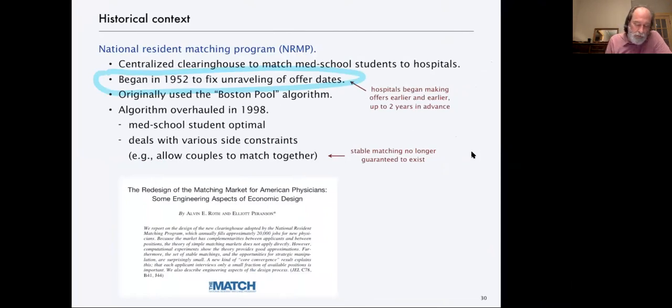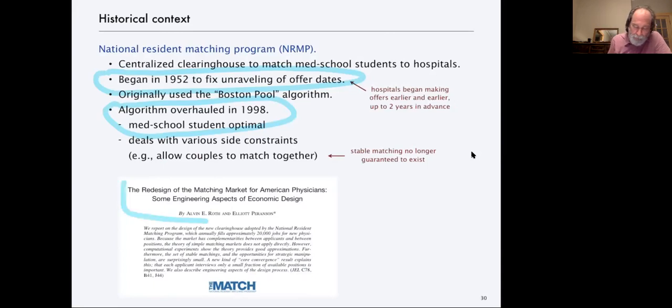And various interesting things happened. For example, it was revised in 1998 to make it med school student optimal instead of hospital optimal, because presumably they felt that the overall outcome would be better if the students were happy.